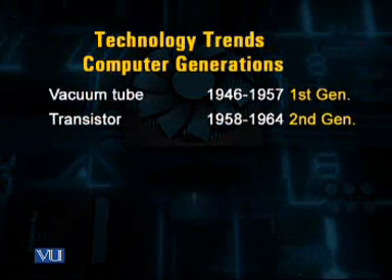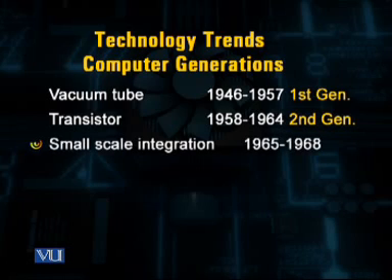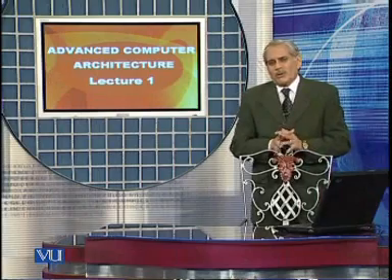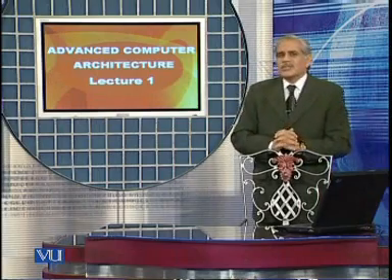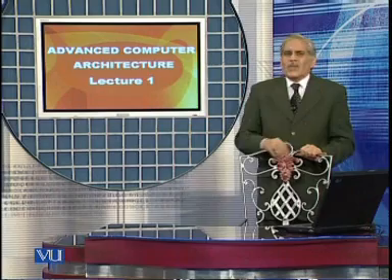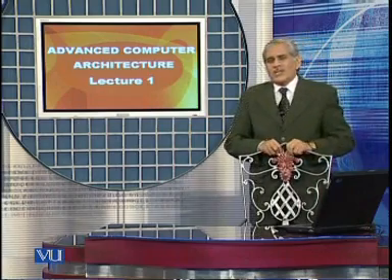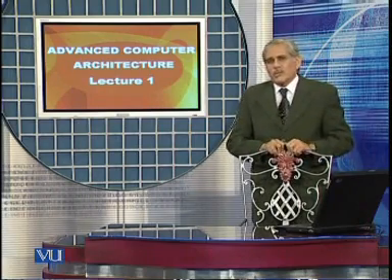Then its size was further reduced in 1965 up to 1968. During this time, efforts were made to integrate more than one transistor onto a single chip. This concept is known as the integrated circuit chip design. This gave rise to the third generation computers, because by integrating the transistors onto a single chip, a lot of performance enhancement became possible.